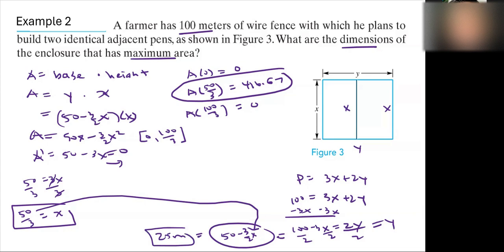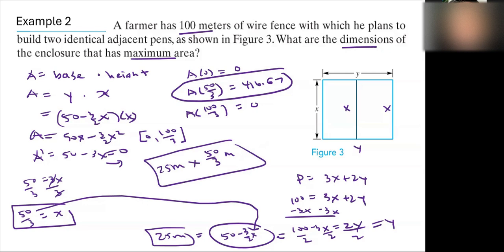Okay, so in this case, the dimensions of this square shape is going to be 50 over 3 meters by 25 meters. Or technically it's the other way around, so let me scratch that. It's going to be 25 meters times by 50 over 3 meters.